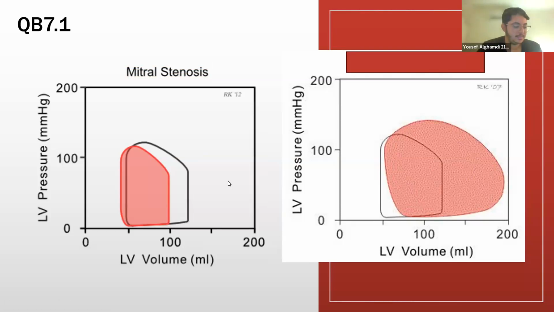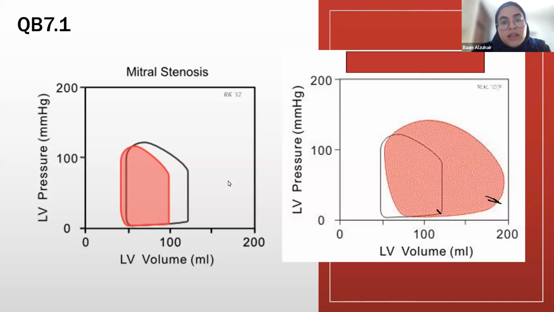Okay. So what about the one on the right? Aortic regurgitation. Why do you say it's aortic regurgitation? What gave it away? There is an increase in end diastolic volume, meaning there is a leak in the aortic valve. Amazing, mashallah.